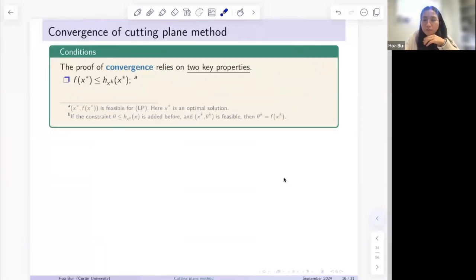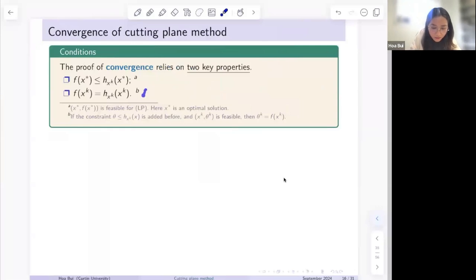So if we look at the convergence of the cutting plane methods, what are the properties that make the methods converge? The first property is that the cut that you add doesn't remove the optimal solution. So this condition holds. This condition means that the tangent plane that you construct at xk doesn't exclude the solution x star, where x star is the optimal solution.